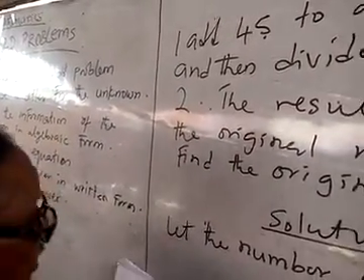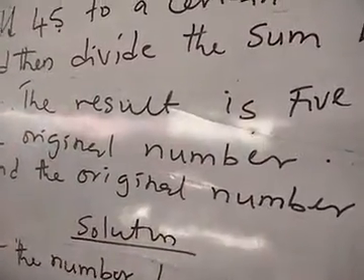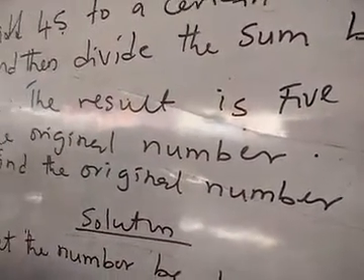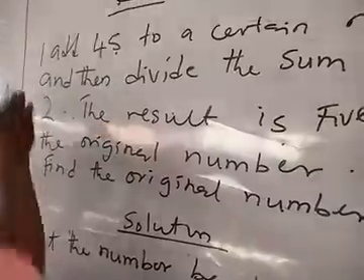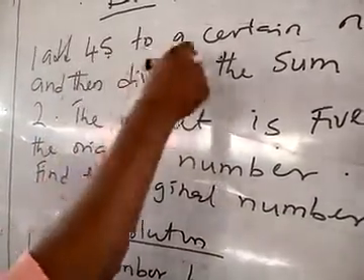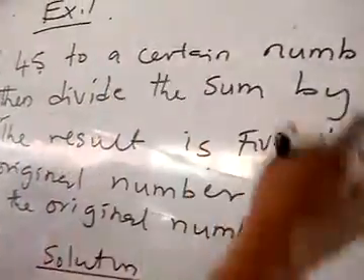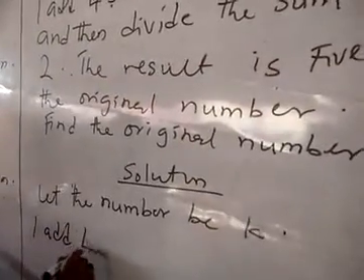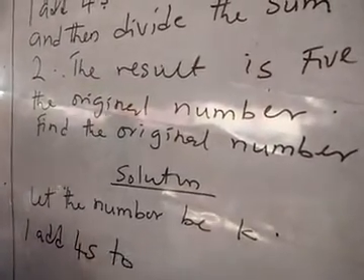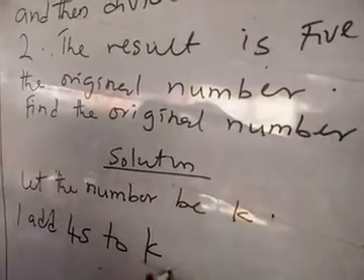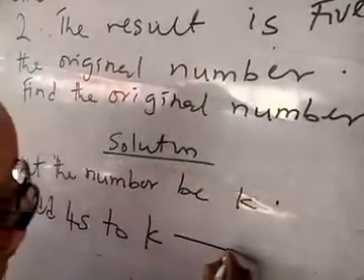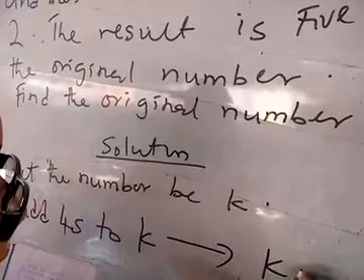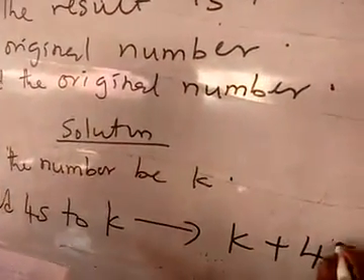I add 45 to that unknown number. Now I add 45 to K, which is the unknown, and that will give you K plus 45.